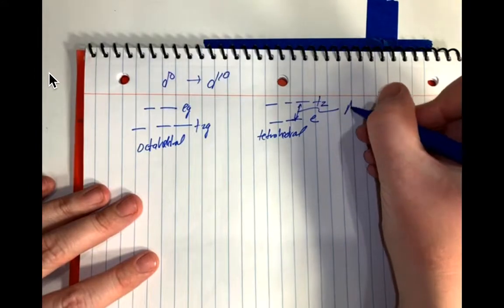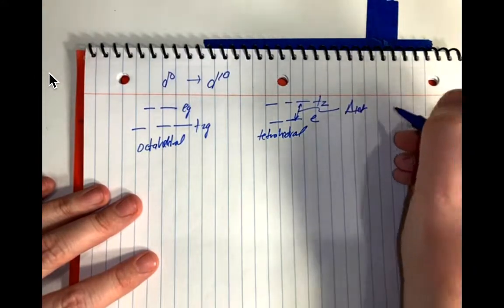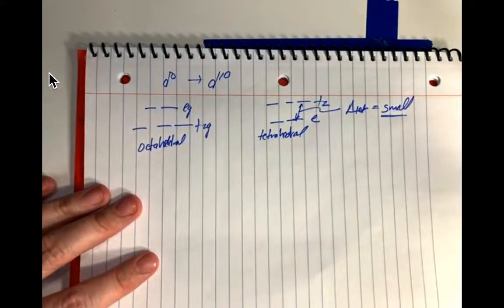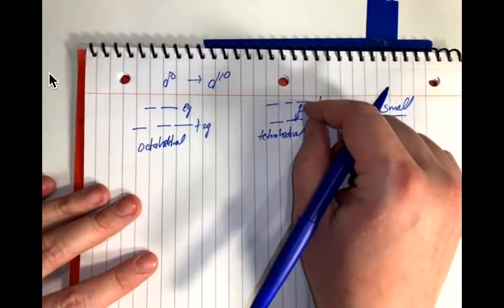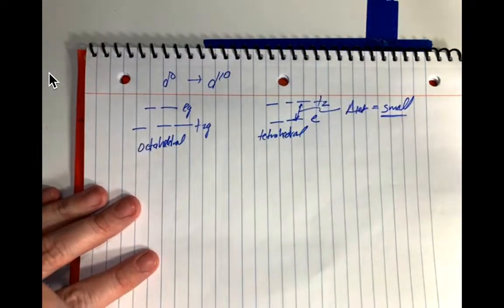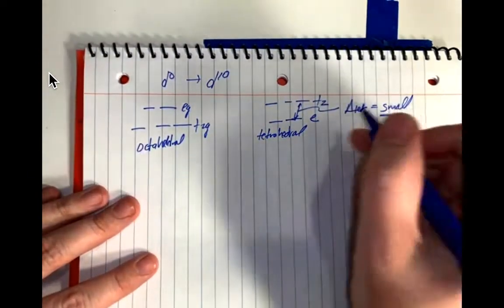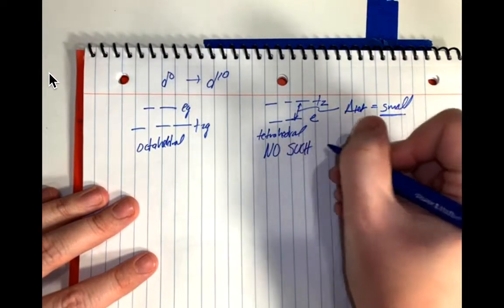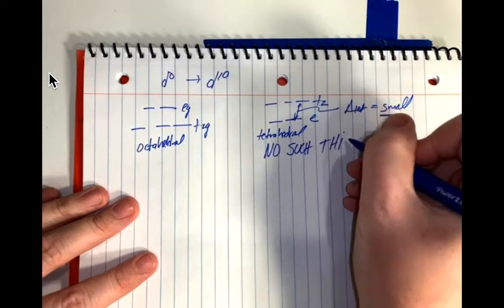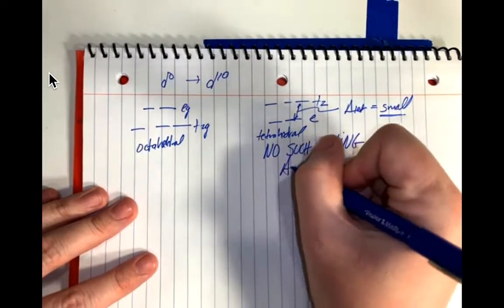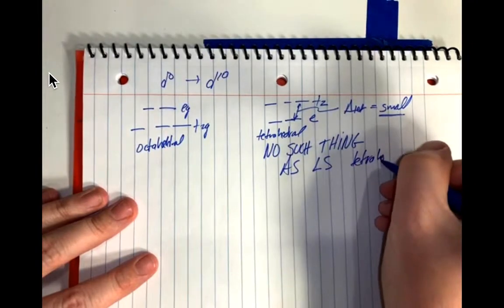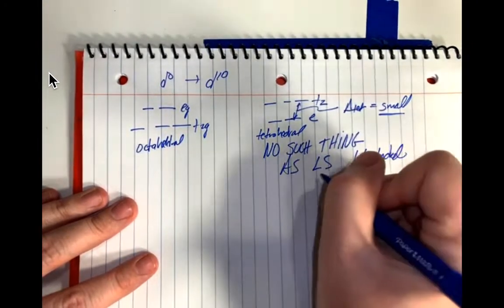Also, this delta tet is small. It's small for basically any metal and any ligand set. This is always really, really small. And so there's no such thing as low spin tetrahedral.